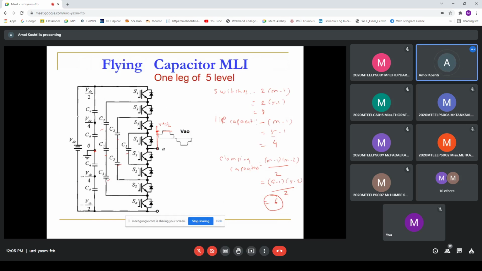Then the second level we are getting, or I will draw it separately. In this way we are getting the output.